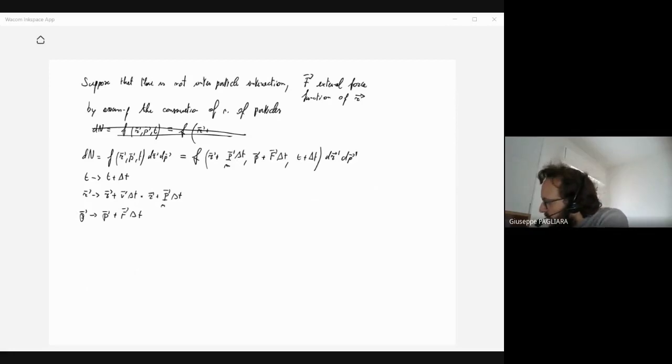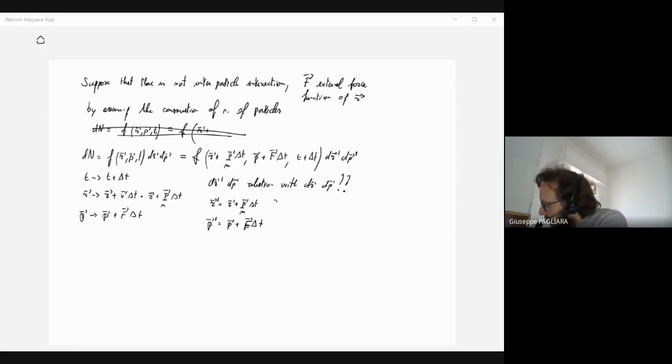Now, what is the relation between dr prime and dp prime with dr and dp? Well, this is easy because the transformation of r and p is the following. r prime is r plus p divided by m delta t, and p prime is equal to p plus f delta t.